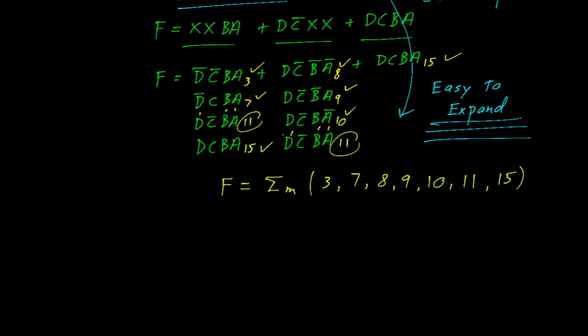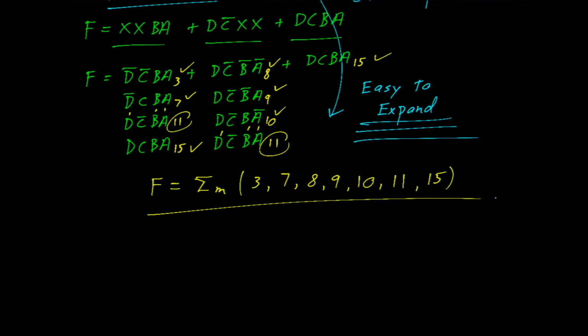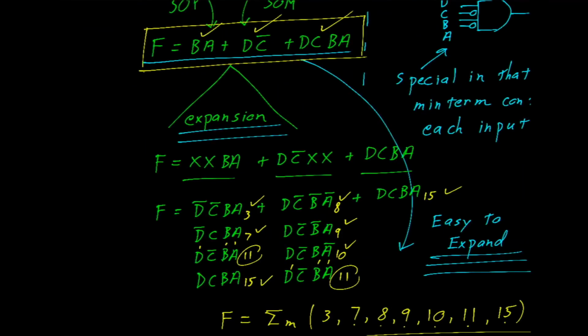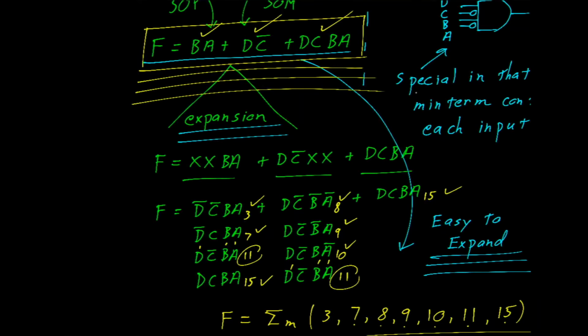As opposed to this sum of minterms, which requires 1, 2, 3, 4, 5, 6, 7. That's 7 4-input AND gates. Obviously, this circuit here is much easier to build if we can just find a way to describe it.